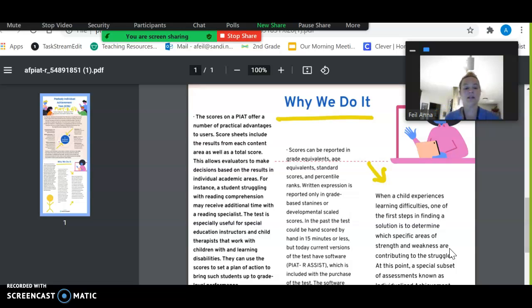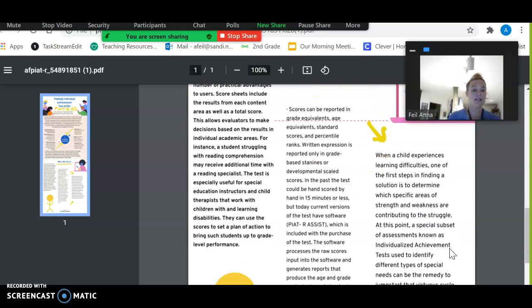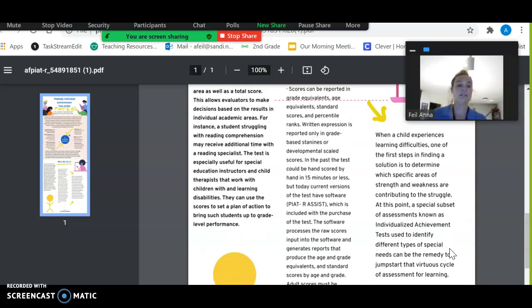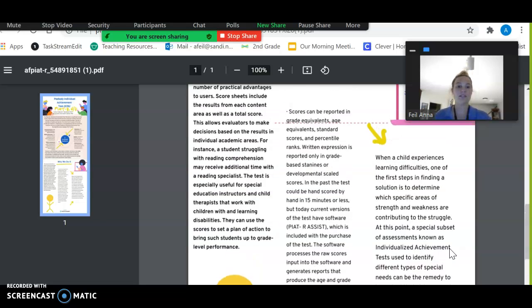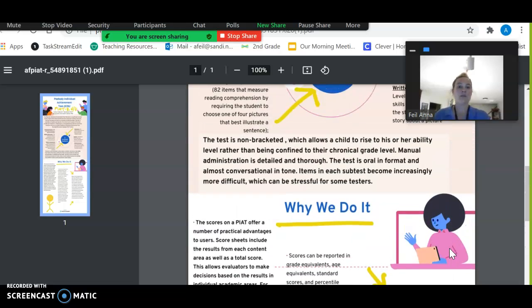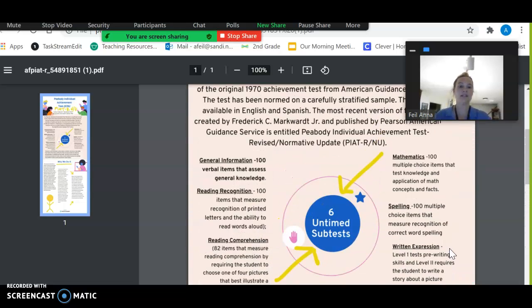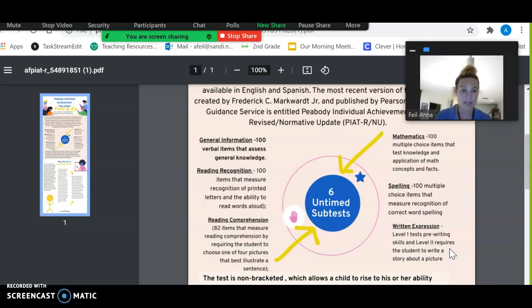The Peabody is an individual achievement test, which is used to identify different types of special needs, which is why this test is great for students with learning difficulties or disabilities, because you're able to use these 6 untimed subtests to pinpoint a specific struggle a student may be having.